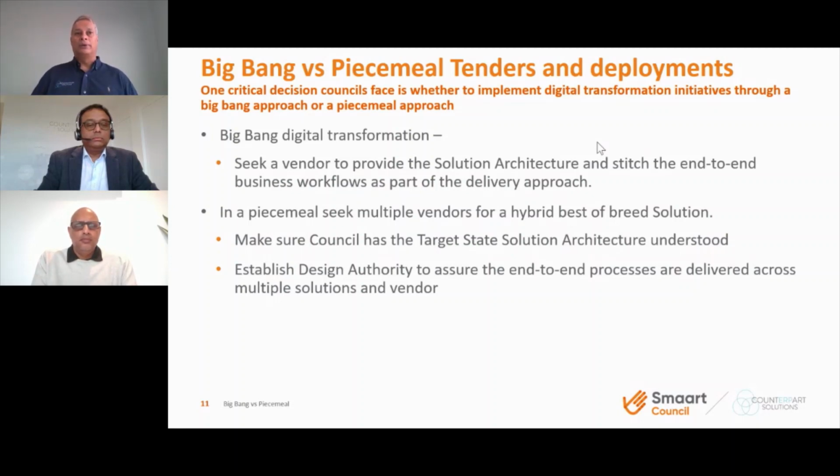The way to tackle that is you need somebody in the business who owns that target state architecture and drives it, and you establish what I'll term a design authority or some sort of governance cadence. That will assure that the end-to-end processes being delivered in the projects have the overall end-to-end solution in mind, so that we're keeping multiple solutions and multiple vendors honest to deliver that end-to-end process as part of our delivery.